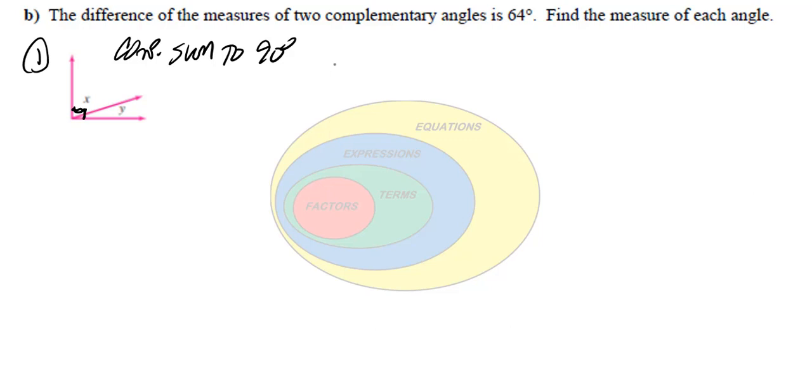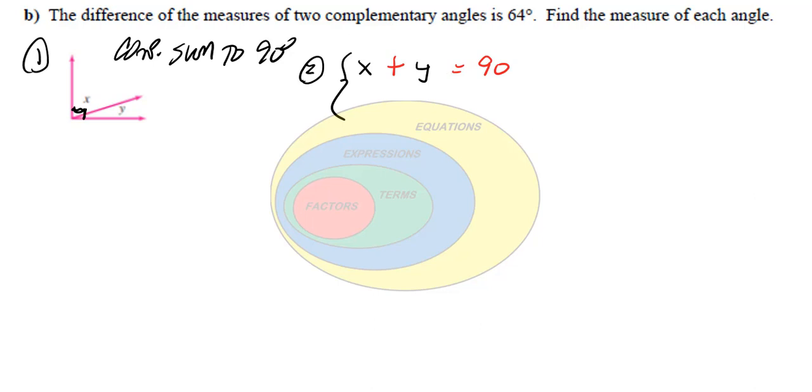What's nice about this is that our system uses that relationship. If I take x and y and add them together, I'm going to get 90 degrees. So x plus y is 90 because they're complementary.